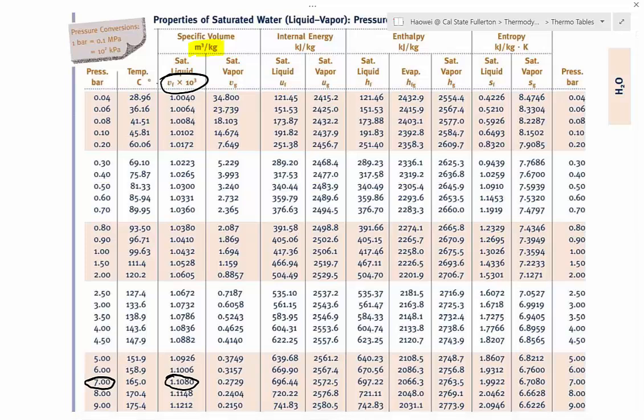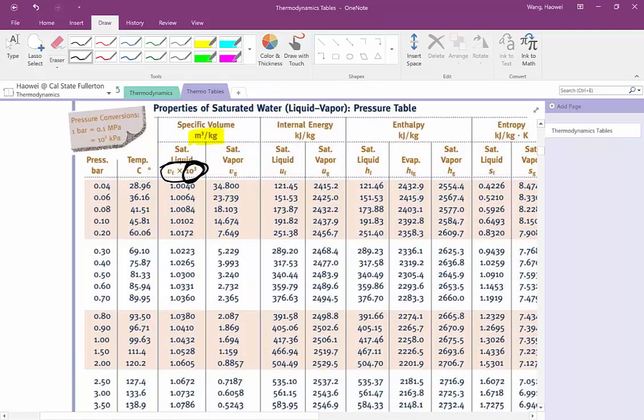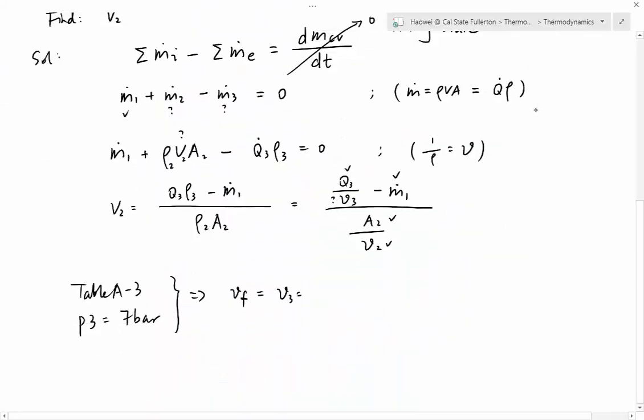Remember, this is not the true value for nu F. If you go to the top of the table, you see it's nu F times 10 to the third. What does that mean? That means every number in this column has been magnified by 1000 times. So if you want to find the true value, you should multiply the value in the column by 10 to the negative 3. Now we go back to our notes and write down the number.